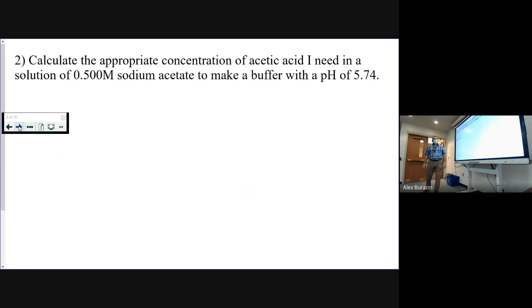Same thing, more or less. Is that when the math is really ugly and you don't have to know? No, what we were doing at the end of the class yesterday was trying to create a buffer by neutralizing weak acid with a strong base.